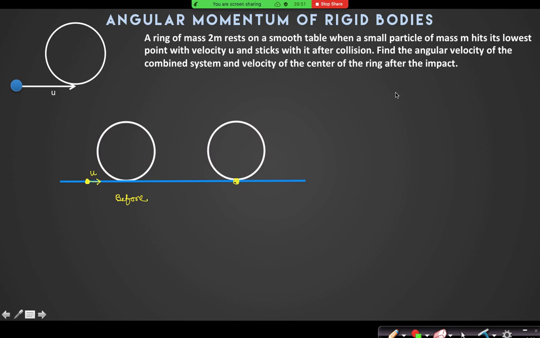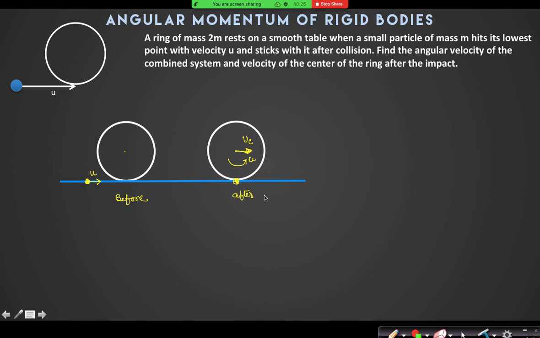So it is very important to write the before and after conditions, to draw the before and after conditions. So it is the before condition when a particle with mass m hits this lowest point, and after it gets embedded in it. Initially the ring did not have any omega or velocity. Finally, can I say that the ring has a velocity Vc as well as it starts rotating with angular velocity omega?